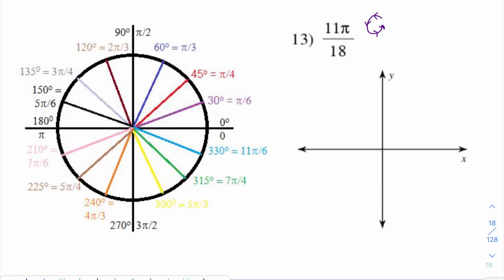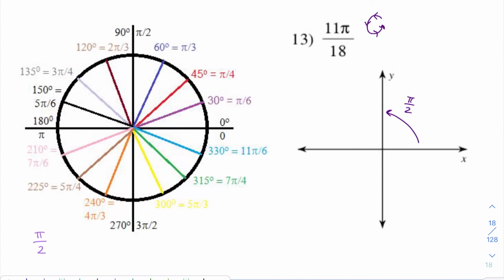And the way I do this is, since I know every quarter turn is pi over 2, if I can write pi over 2 with a base of 18, then I can just count up by whatever that is, right? So normally I'm counting up by pi over 2 because that's what a quarter turn is, but I want it to be over 18. So I've got to do a little side thing here.